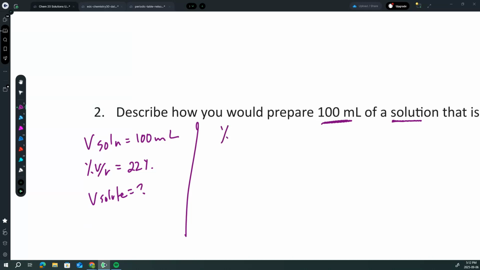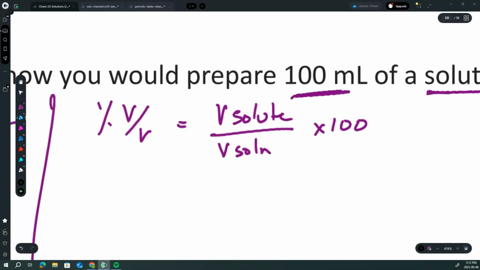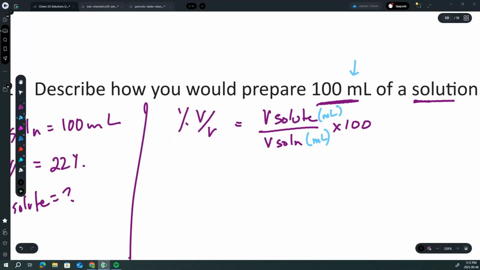So as a reminder, the percent volume by volume formula is volume of your solute divided by volume of your solution times 100. Now as a reminder, your solute and solution just have to be in the same units, and since my solution is in milliliters, I'm going to put both of them in milliliters. All right. So we're looking for the volume of the solute.